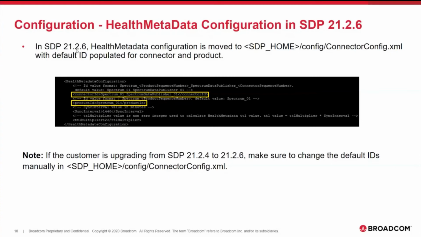In SDP 21.2.6, connector config.xml is used to update the connector ID values. Point to note: if a customer has configured health metadata in SDP 21.2.4 and upgrades to 21.2.6, the IDs need to be reconfigured in connector config.xml as they are not retained across files. Otherwise, data is sent with default IDs. Please make sure to update it.